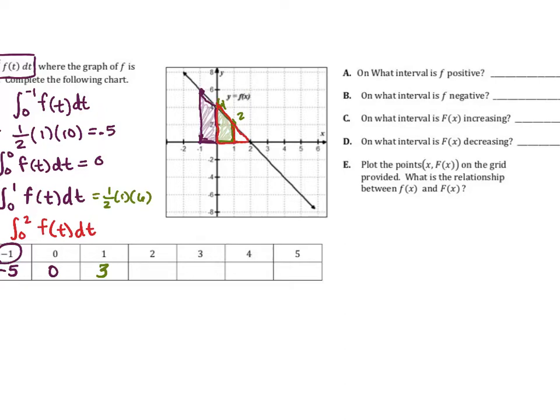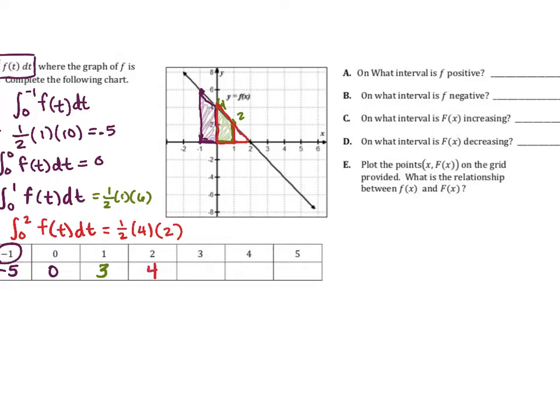Either way, if we look at the big triangle, we've got 1/2 the height, which is 4, times the base, which is 2. And so f at 2 should be 4.